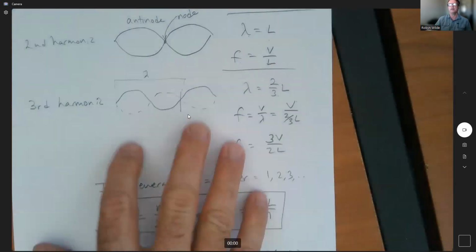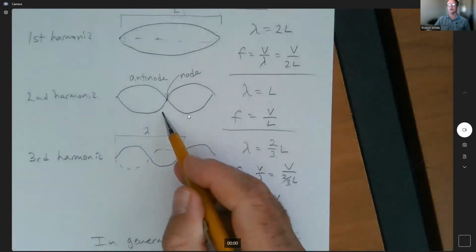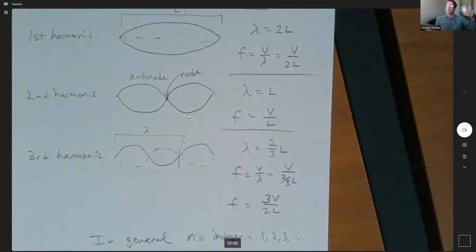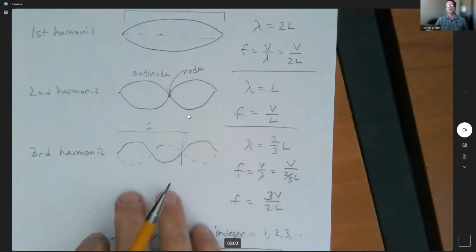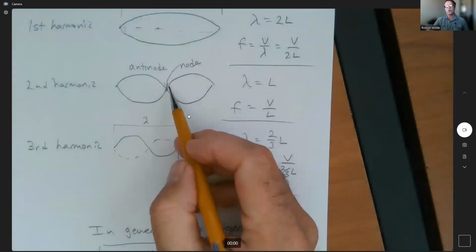Now, why do they happen? Again, I just want to emphasize, for example, take this second harmonic. What's happening is you've got a wave from the left side here, from the shaking of the string. It's moving this way, and then there's a reflected wave coming back. Now, you have to get the timing perfectly right so that the wave coming this way is totally out of phase with the reflected wave right at the node.